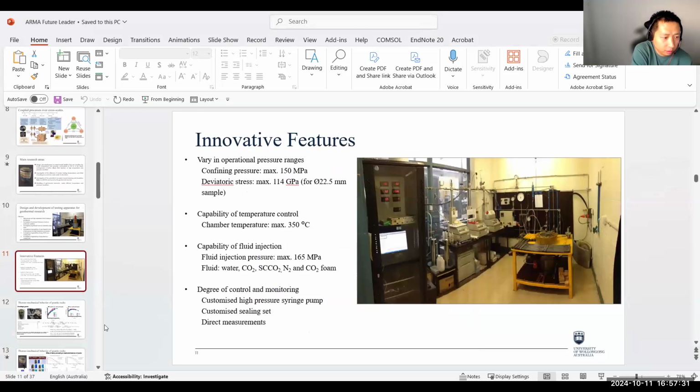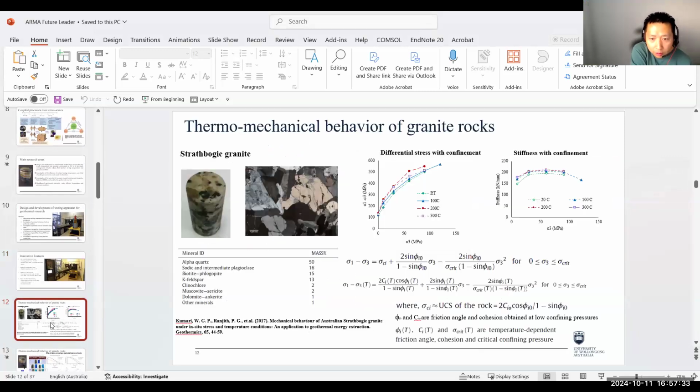Next one. Yes. So for this one, I assume for this test it is measured under high pressure, high temperature inside the fracture cell, right? Yes, that's correct. There's no cooling. Okay, I see.